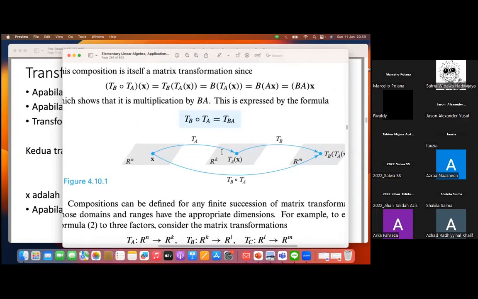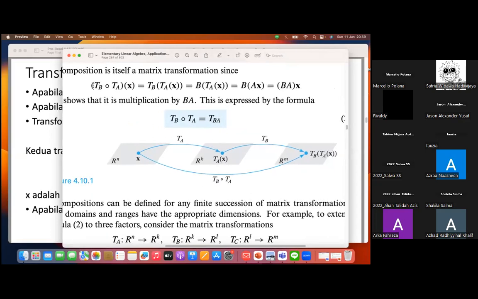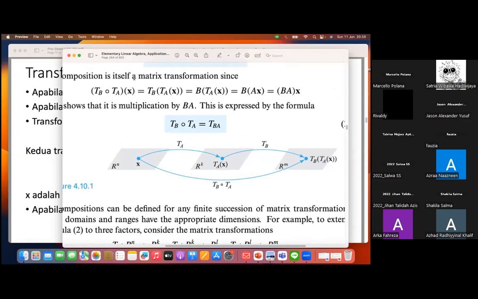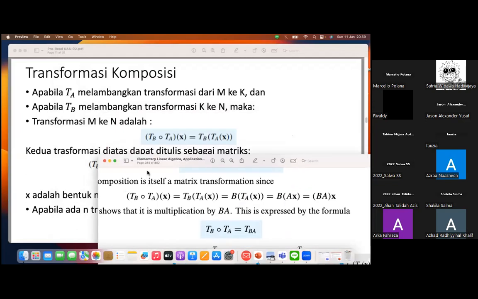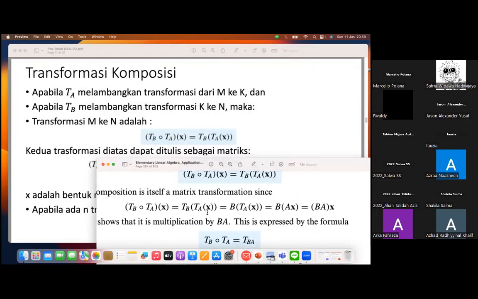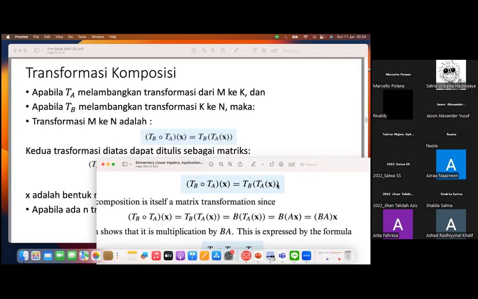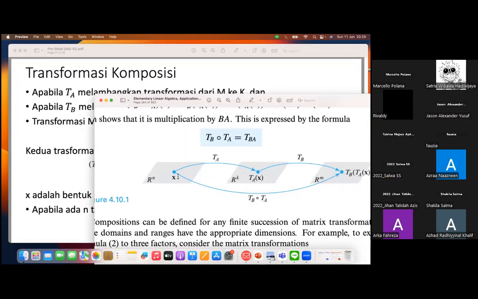The composition TB after TA, TB(TA(x)), is you jumping from this plane to this plane, from Rn to Rm. Basically, there's no stopover. There's just a jump. You take the direct route to Rm from Rn.